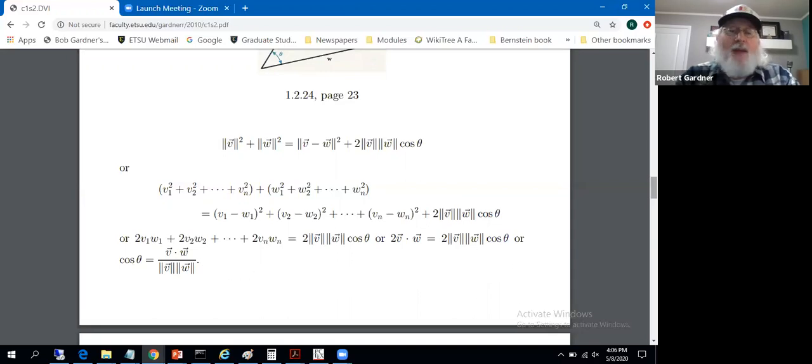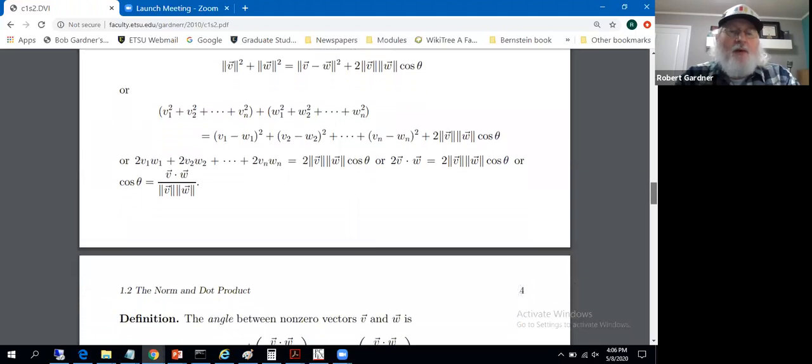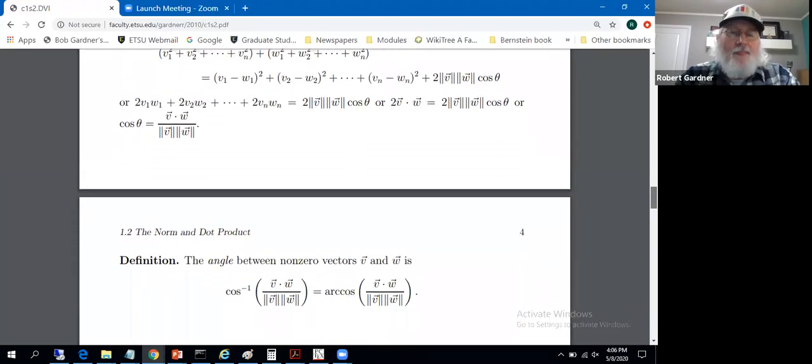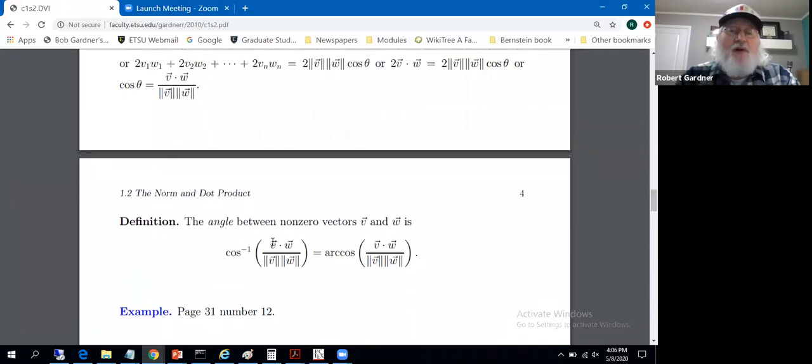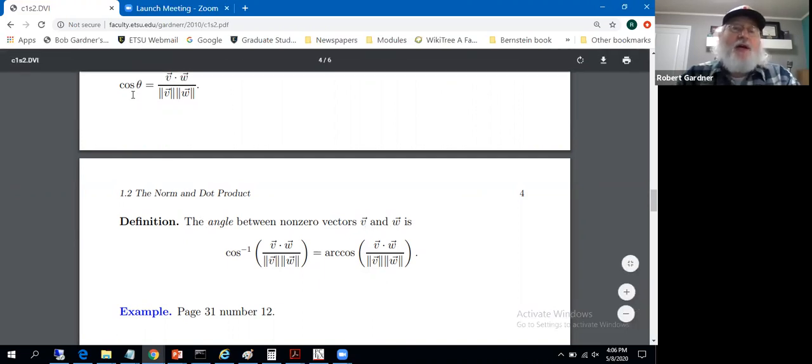I guess we could go maybe one step further if I want to talk about the angle itself. Taking that as inspiration, we'll define the angle between two non-zero vectors, V and W, as, well, I know from the picture, cosine theta equals this. So let's make theta itself, solve that for theta. If you'll let me use a cosine inverse function, we get theta equals cosine inverse of V dot W over norm V norm W. Inspired by this.